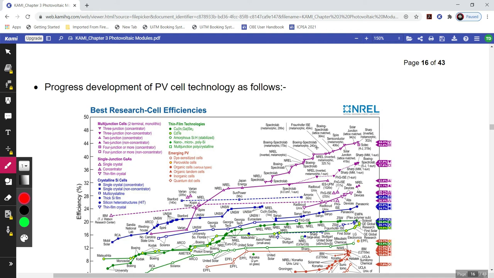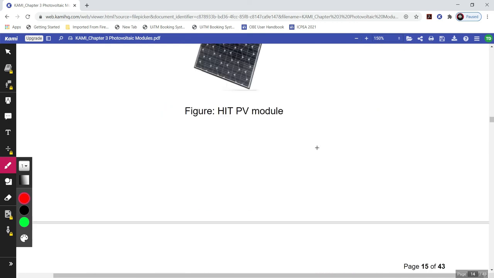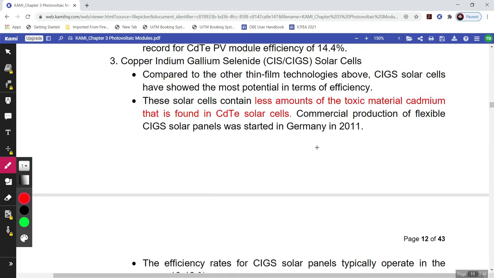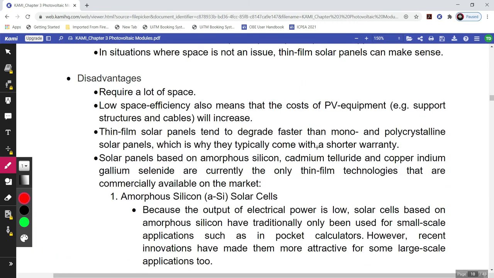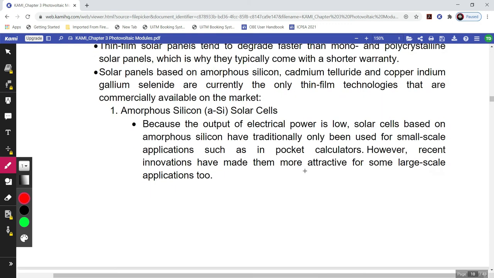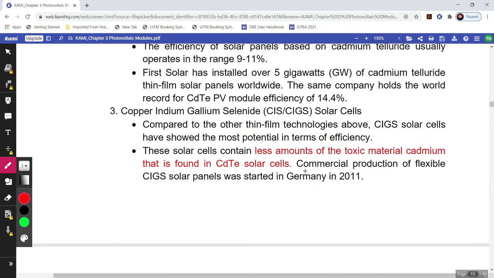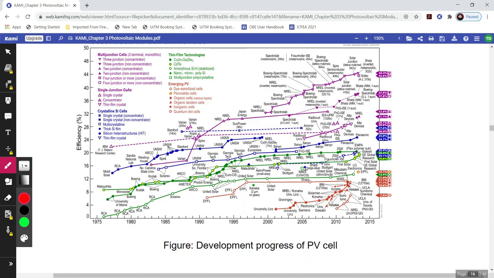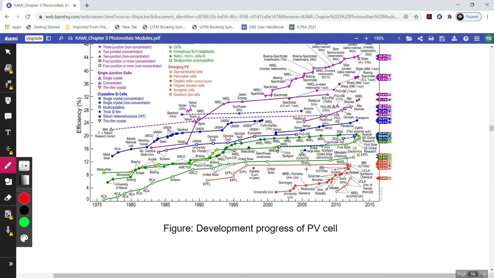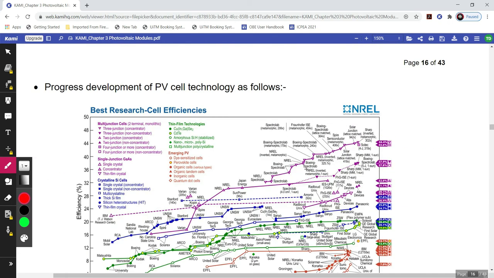But remember, thin film has the lowest efficiency here compared to the others.